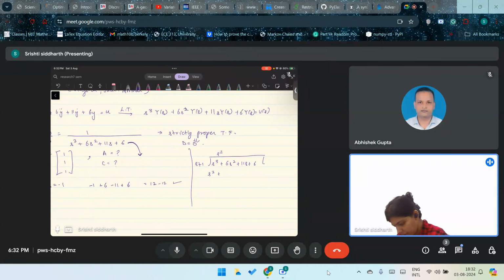So we have s cubed plus s squared, and we have 5s squared plus 11s plus 6. This is going to be 5s squared plus 5s.